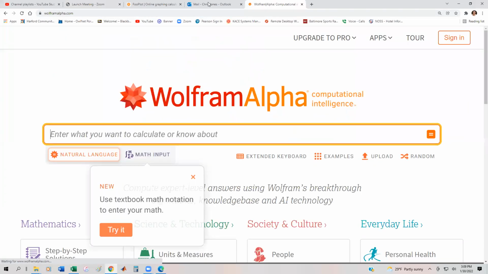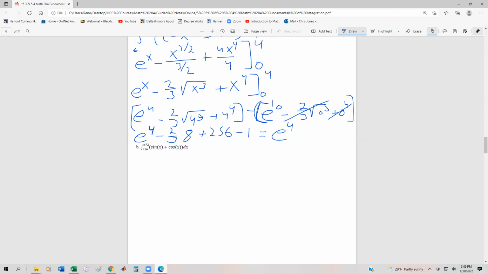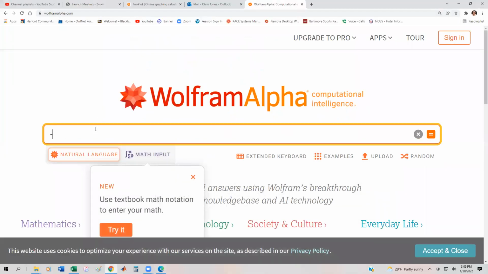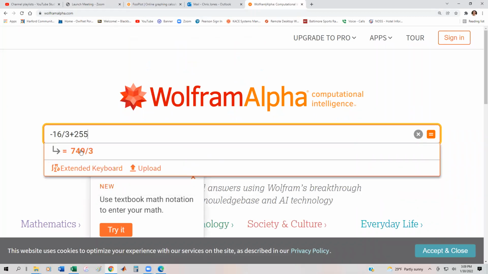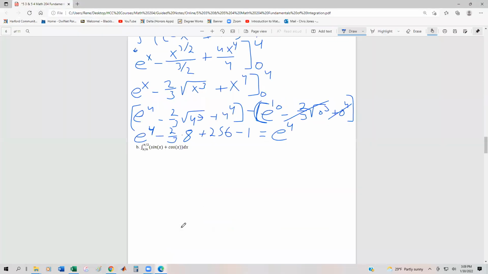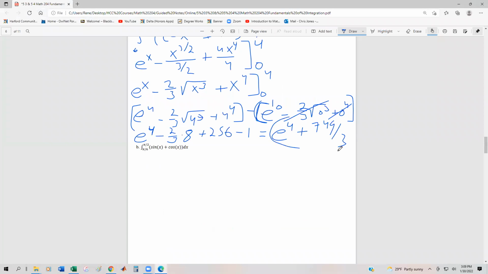When we do this, we had negative 16/3 plus 255. So it looks like it's going to be 749 over 3. I'm just making sure I copy that down correctly. Yep. So this is the precise area bound by that integral.